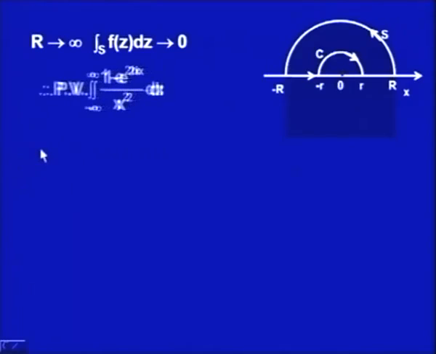Hence, from the previous formula, the principal value from minus R to plus R would approach minus infinity to plus infinity of (1 minus e to the power 2ix) upon x square dx, equal to pi.